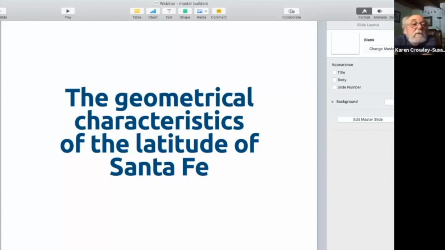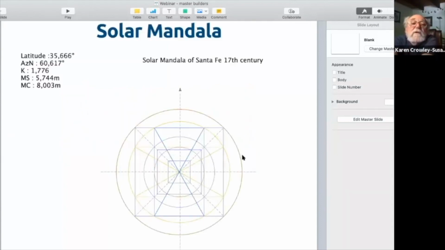So for example, here we have the mandala of Santa Fe in the 17th century. The mandala changes with the ecliptic angle, which means that each year there is a little modification of the rhythm of the sun of the place, but very little.